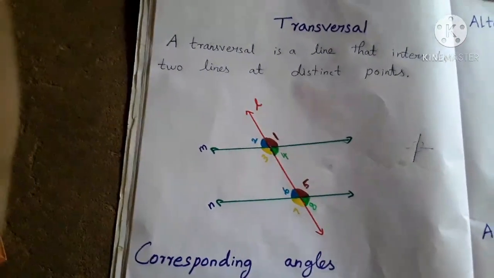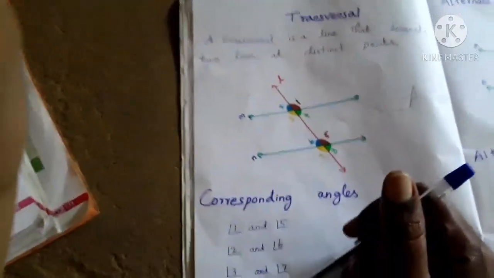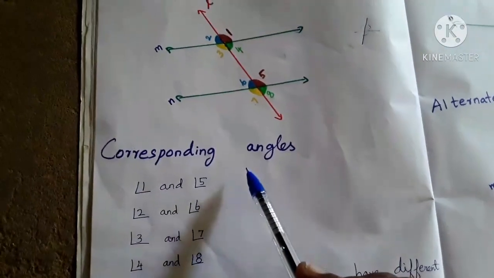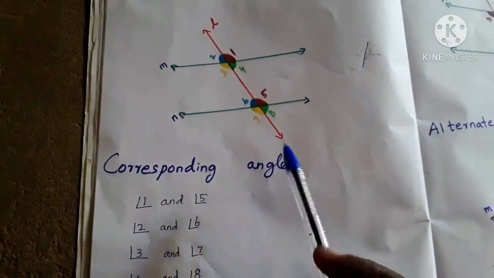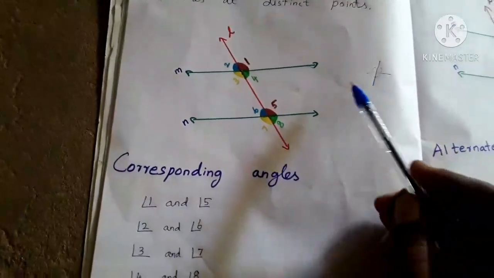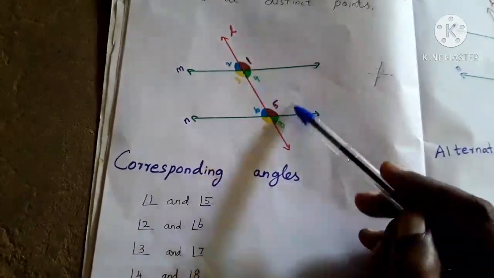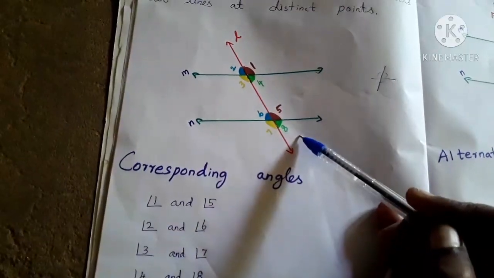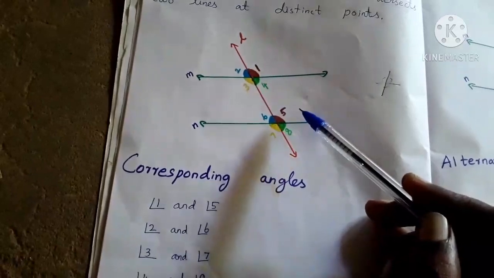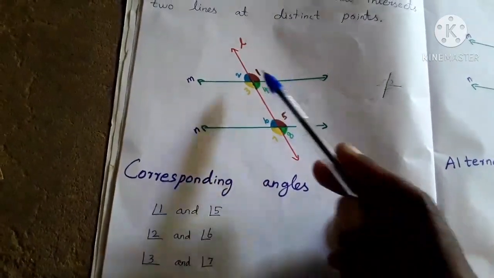Now newly we are going to study corresponding angles. What are corresponding angles? See, first angle 1 and 5. Angle 1 and 5 are marked on the right side of the transversal.